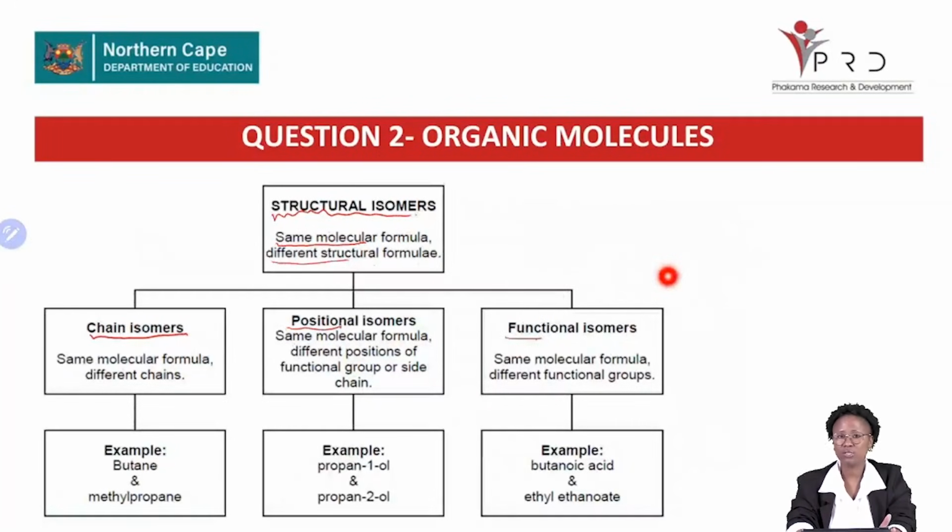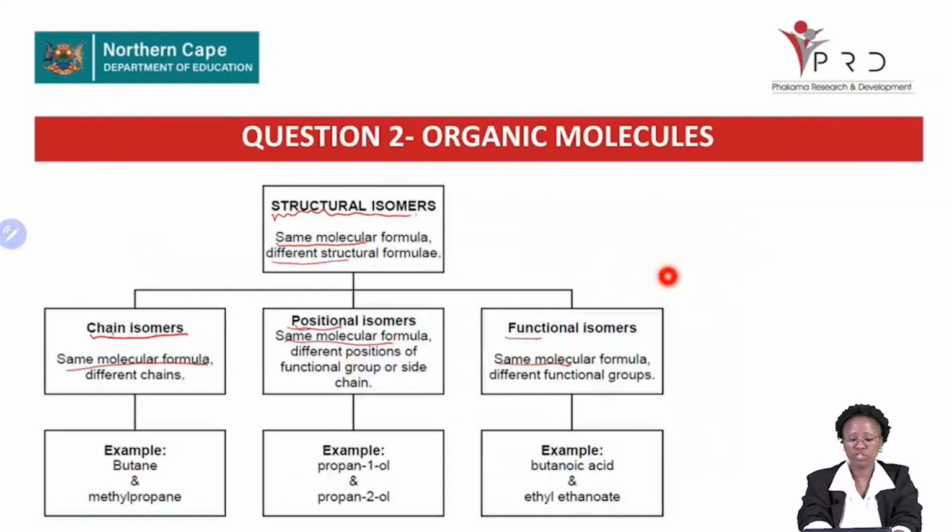I always say to the learners, when you get to this part of isomers, what you need to remember is that the definition is the same at the beginning. They all have the same molecular formula. But what makes them different is what makes them specific. Chain isomers have the same molecular formula, but different chain types.